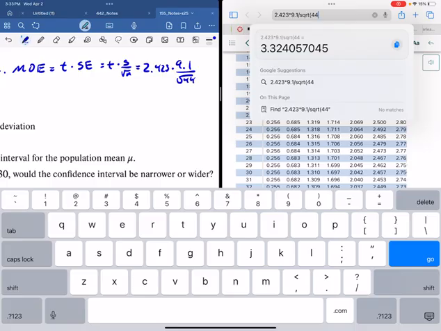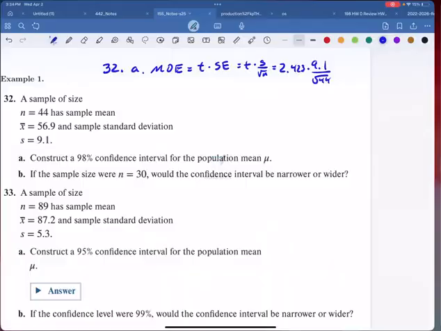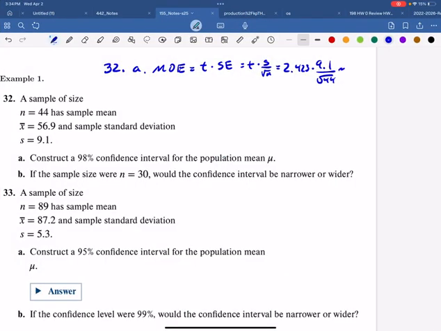I'll just say 3.3 since they give us one decimal, okay? 3.3. Okay. So our 98% confidence interval is 56.9 minus 3.3 to 56.9 plus 3.3.